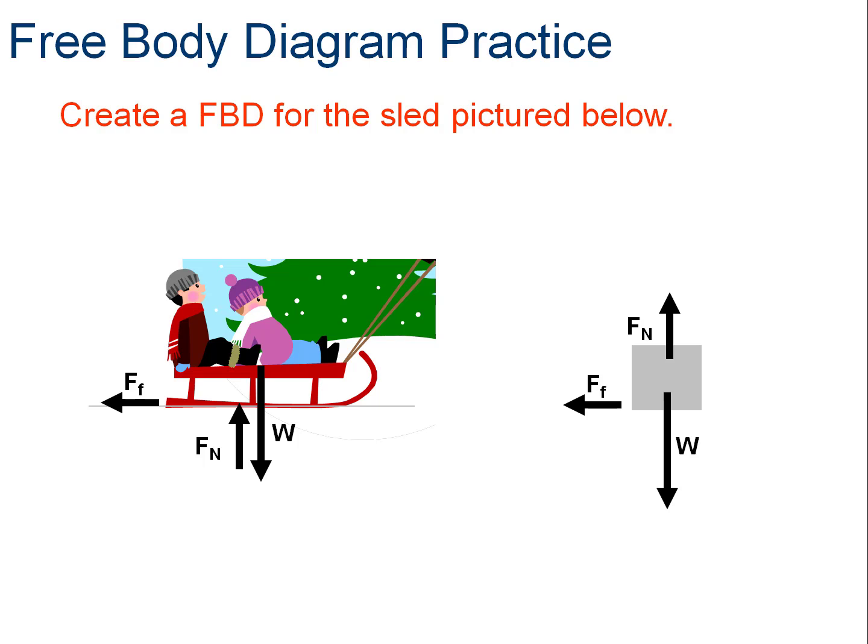But you're going to notice that the normal force does not appear to be the same length as the weight. Well, what all that means is I've got an applied force on the string, and that applied force can be broken up into a component, the blue component, which is the opposite of the friction, and then the red component, which adds to the normal force to equal the weight. And there I have a free body diagram.